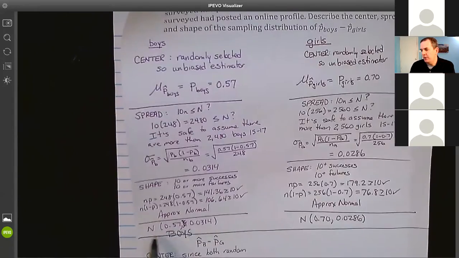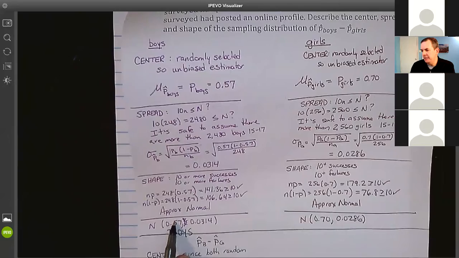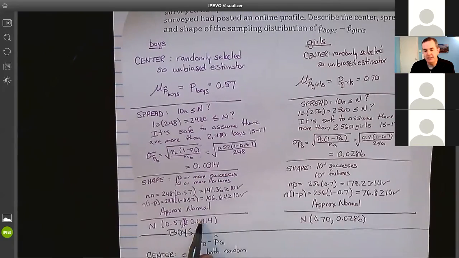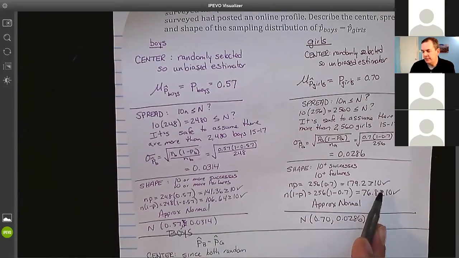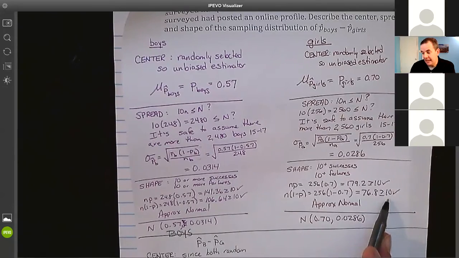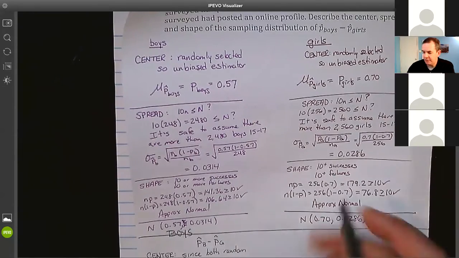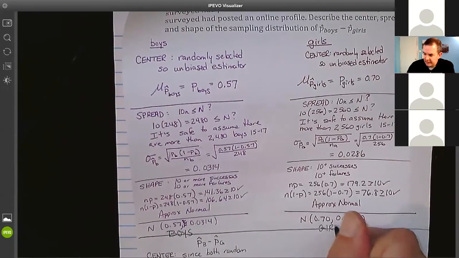Boys are normally distributed with a mean of 57%, a standard deviation of 3.1%. Same process for girls. When I do the math, I find out 179 girls exceeds 10, and 76.8 do not have profiles, which also exceeds 10. So now for my girls, I have a distribution.